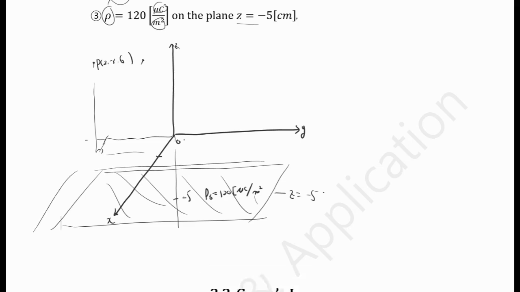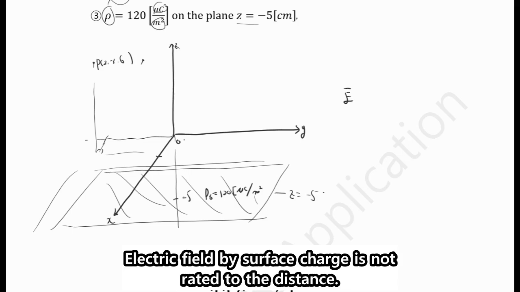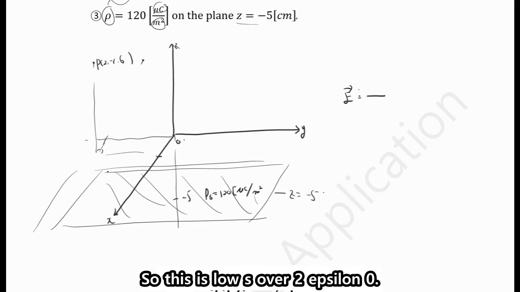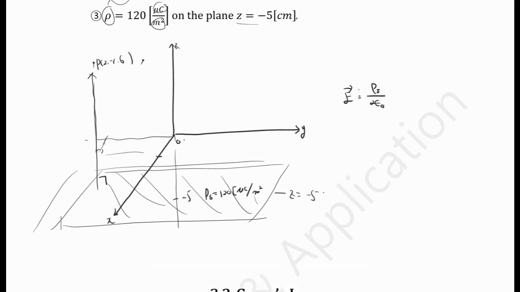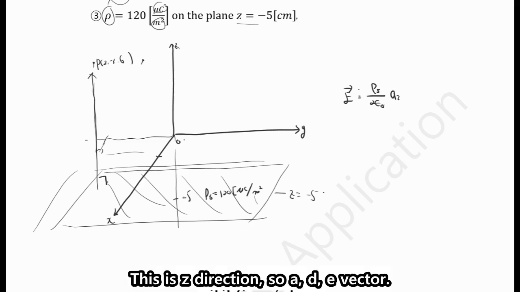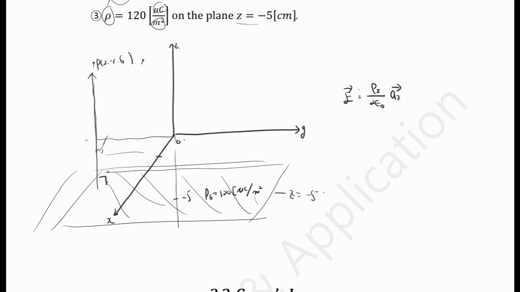The electric field from a surface charge is not related to the distance. So this is rho s over 2 epsilon 0. The direction is the z direction, so az vector.